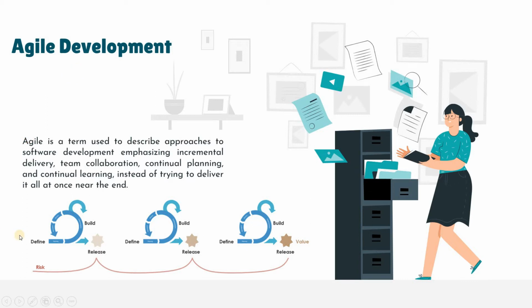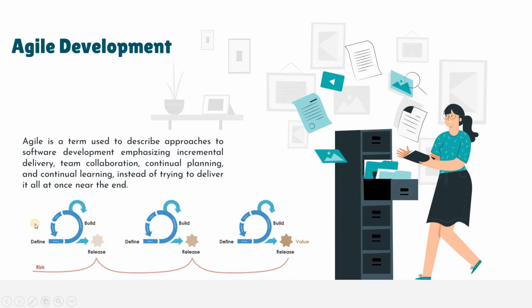Normally, in software industries, we define the requirement according to the customer. So, as per the defined requirement, the whole team, which means the development team, builds the software and releases the final product to the user. So this is the cycle process which happens through agile development.